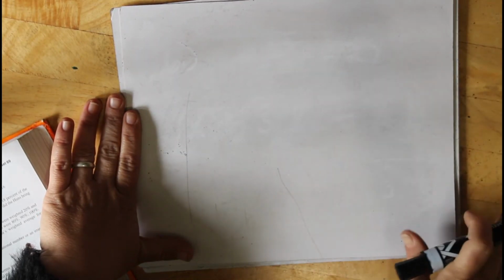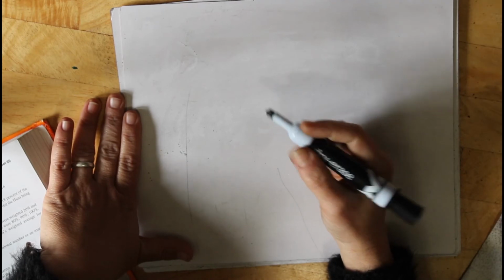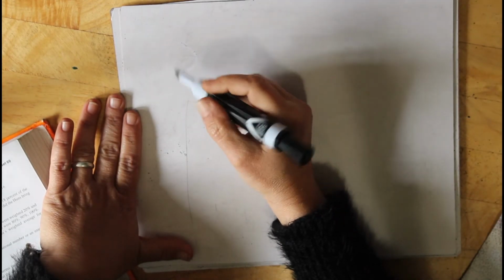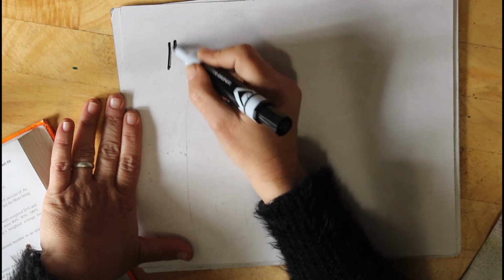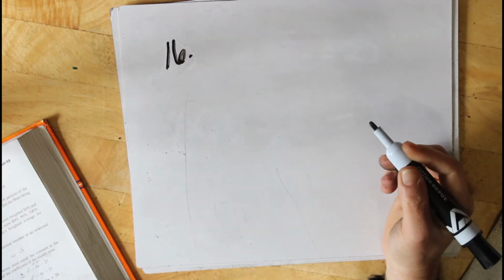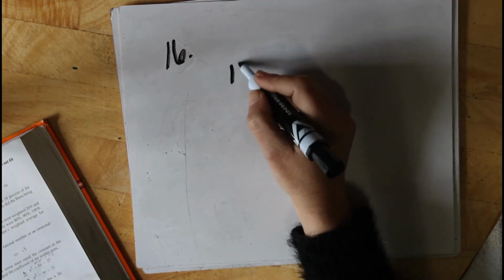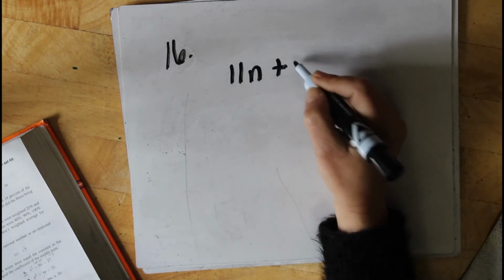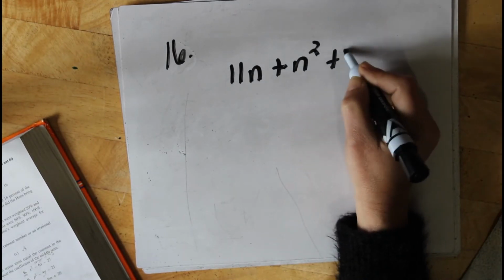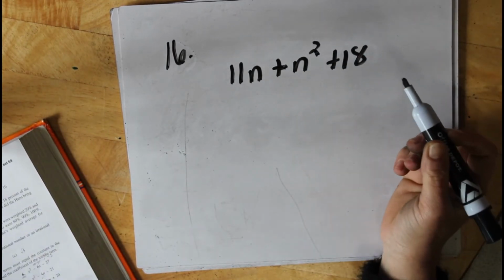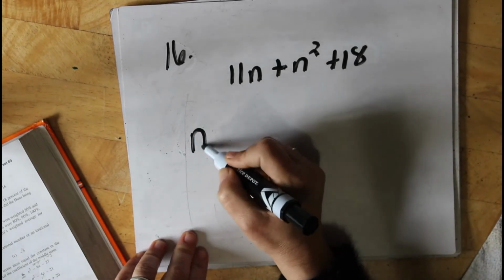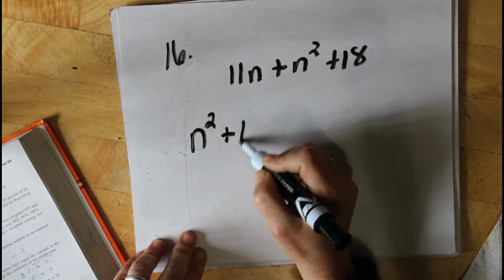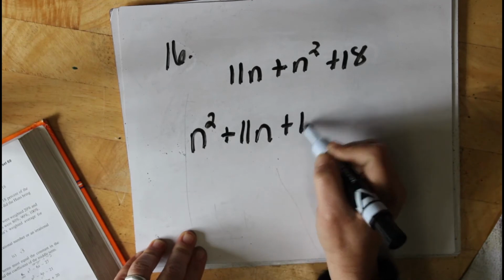Right, next one, 16. 11n plus n squared plus 18. This one's, the order's mixed up, so we're going to move it over here to n squared plus 11n plus 18.